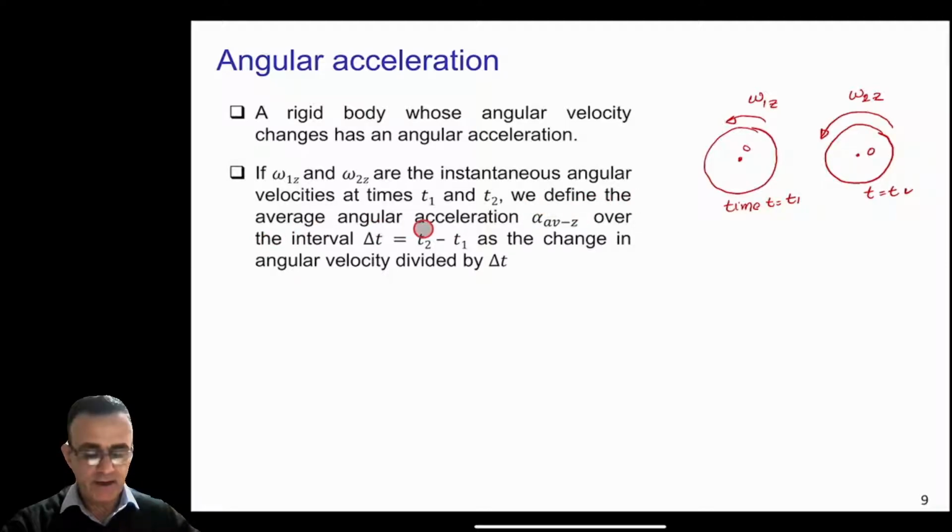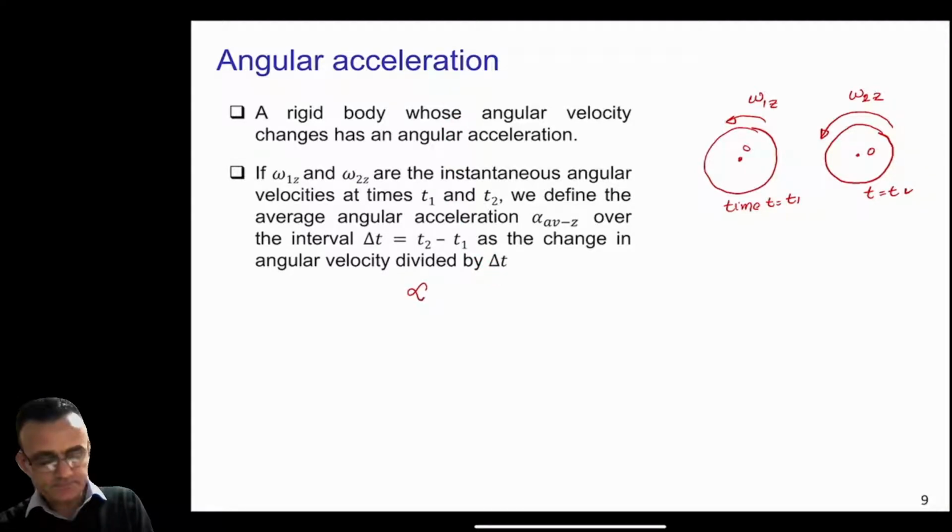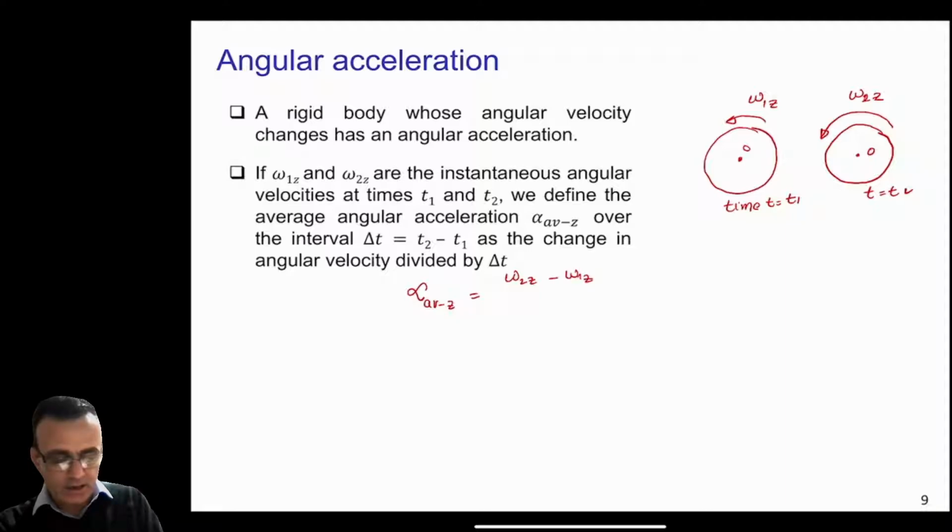We define the average angular acceleration, which we will represent by alpha average z, over the interval delta t, which is t2 minus t1, as the change in angular velocity divided by delta t. So this alpha average z will be equal to omega 2z minus omega 1z divided by t2 minus t1.